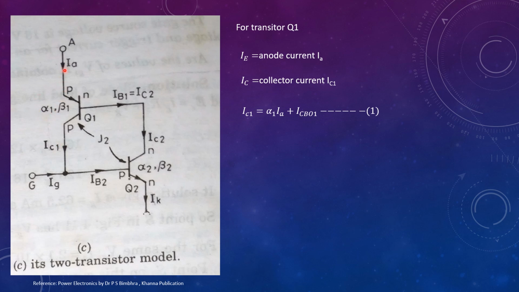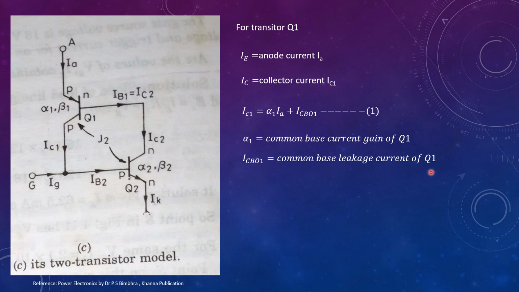Here the emitter current is the anode current, so we will write it as IC1 is equal to alpha 1 IA plus ICBO1, where alpha 1 is the common base current gain of transistor Q1. ICBO1 is the common base leakage current of Q1.